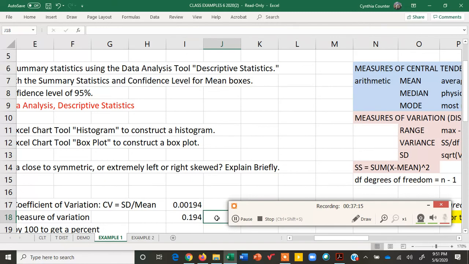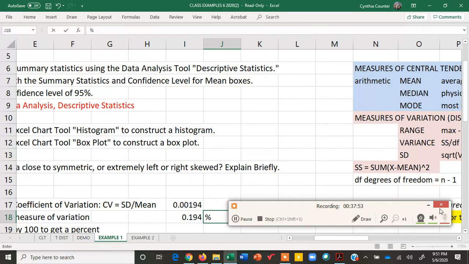So relatively speaking, even though it's short and flat, and that means it's got a large variation, and no outliers, when you think of its internal variation relative to the size of the standard deviation to the mean, not just saying, oh, it's a big standard deviation, but measuring it relative to the value of the mean, we see it's actually a very small variation when we use the coefficient of variation.